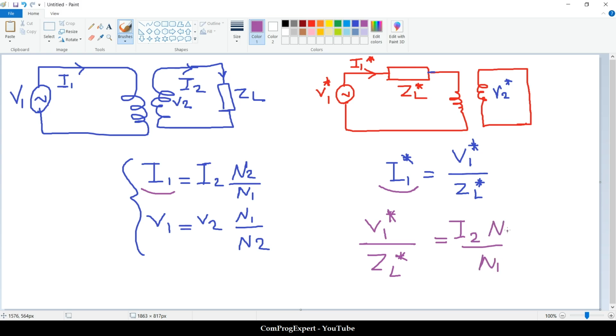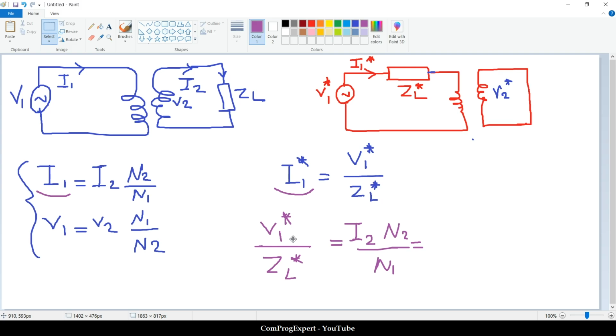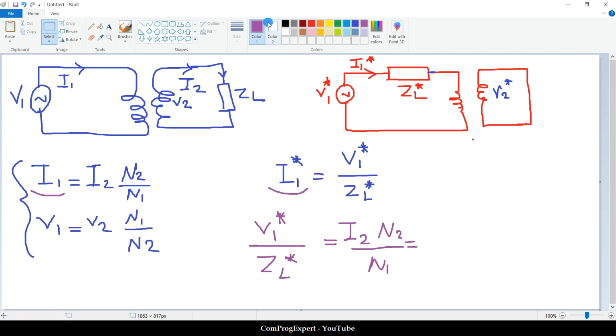The value of I2: we have ZL is equal to V2 divided by I2.